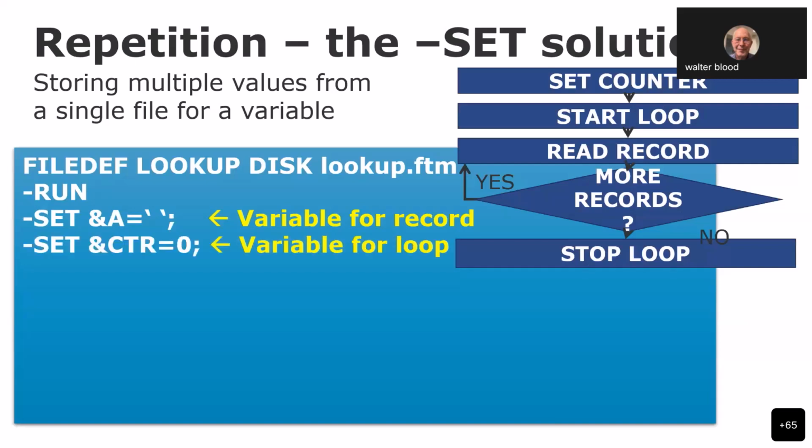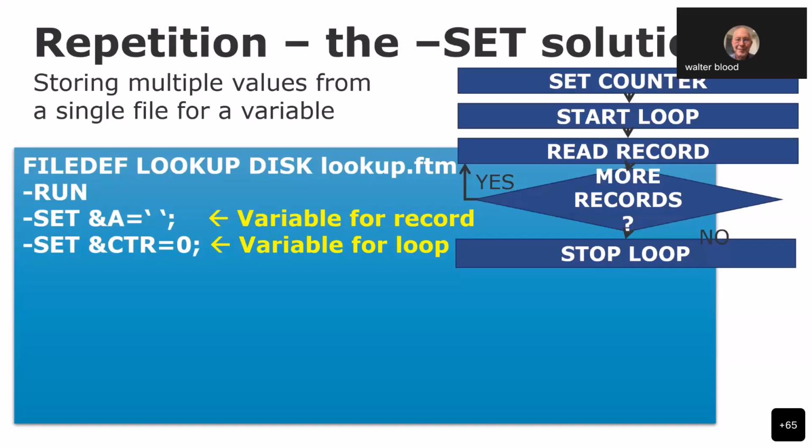I'm then going to set up a counter to control the loop, because the loop is going to start someplace. Now, I set the counter at 0 when I'm working with -SET because I have to increment the counter, and I have to put the increment of the counter inside the loop.